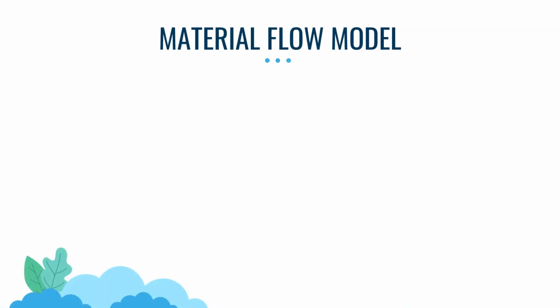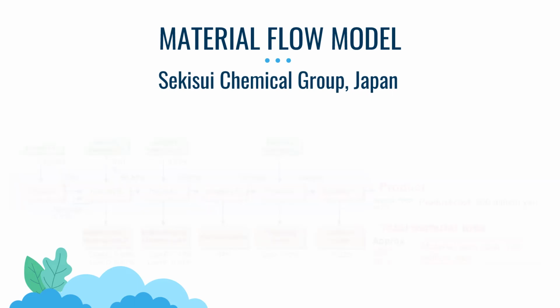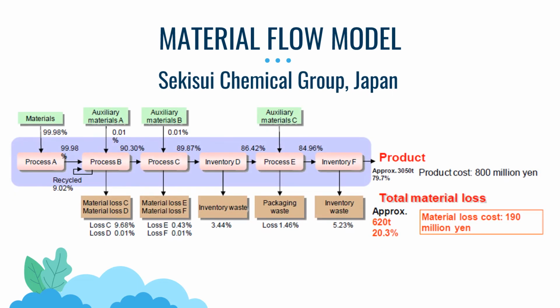This is an example of material flow model, conducted by a Japanese company named Sekisui Chemical Company Limited. Sekisui Chemical manufactures a variety of chemical products in its 34 sites all over Japan. In particular, this model highlights the comparison of costs associated with products and costs associated with material losses.